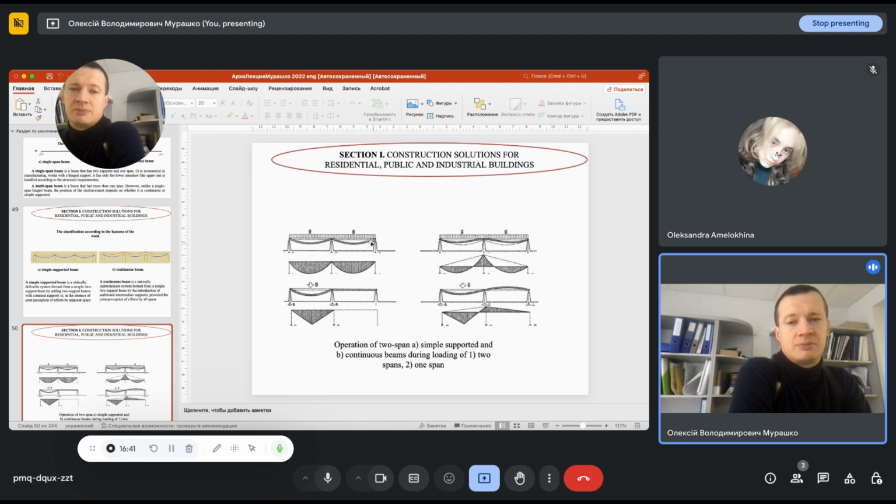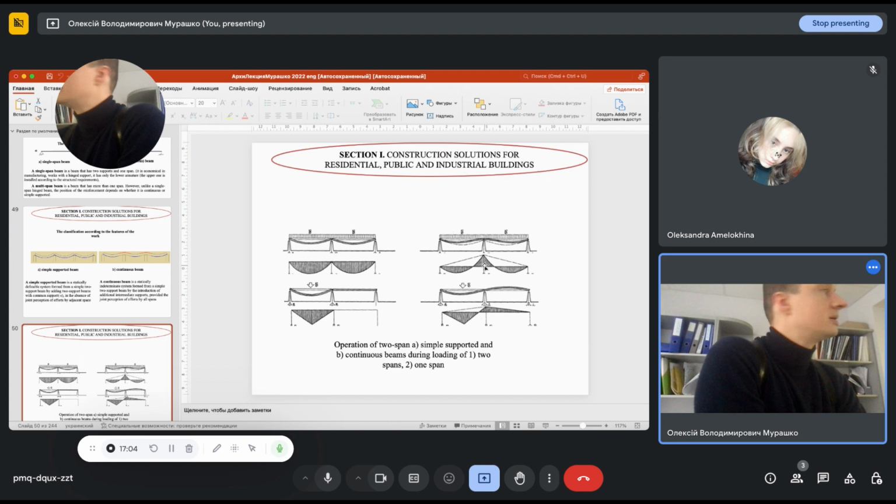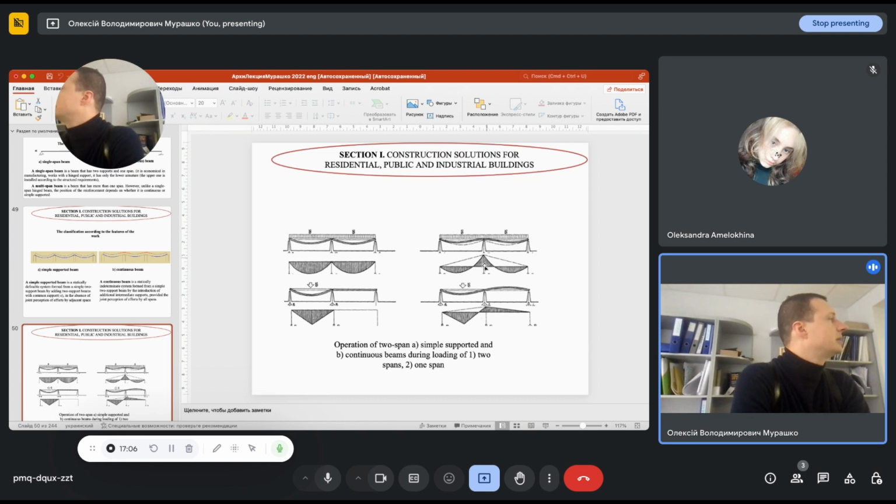So the main difference between simple supported beams and a continuous beam is that we have almost the same bending moments, but in this case the value is concentrated only in the span, while for the continuous beam, it is redistributed between support and span.